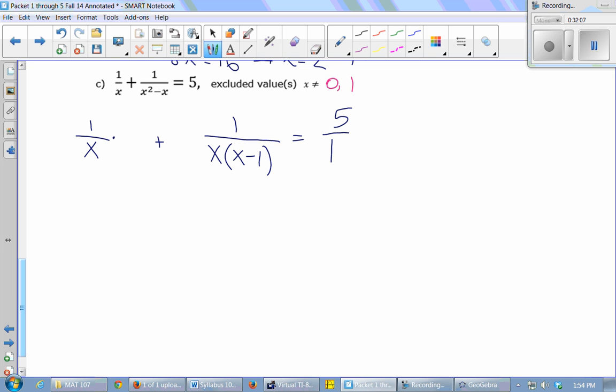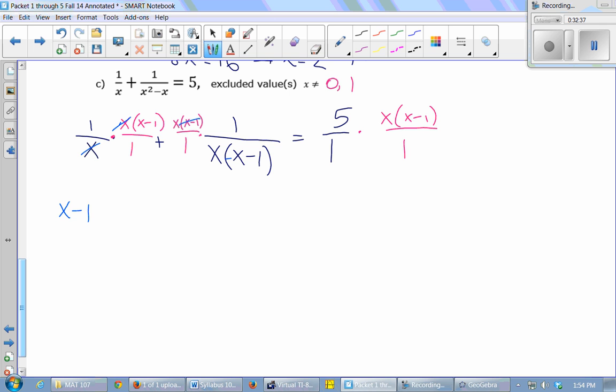So I multiply every term on both sides by x times x minus 1 over 1. Okay, so in my first term, the x's cancel, and I'm left with a 1 times x minus 1, which is x minus 1.